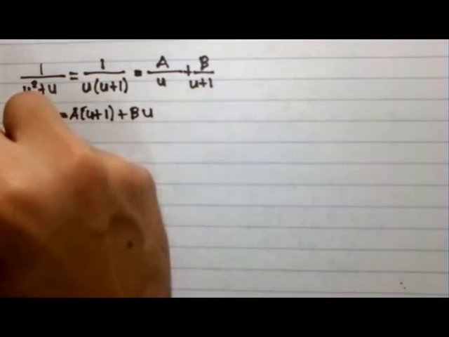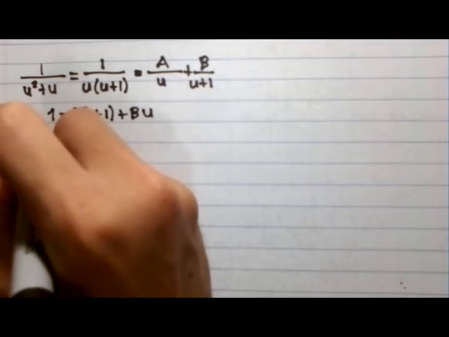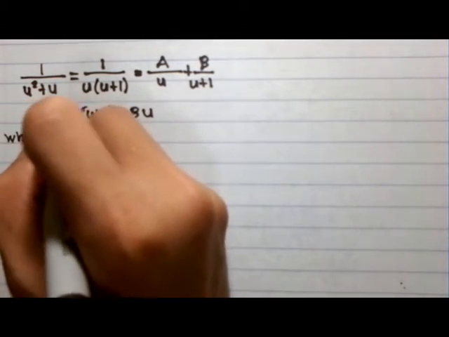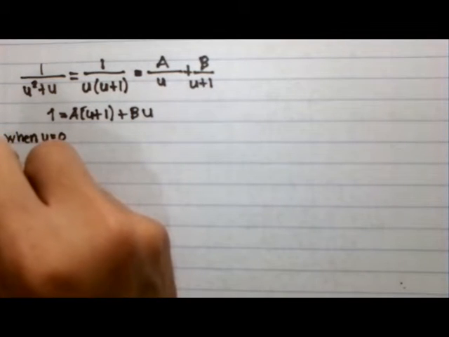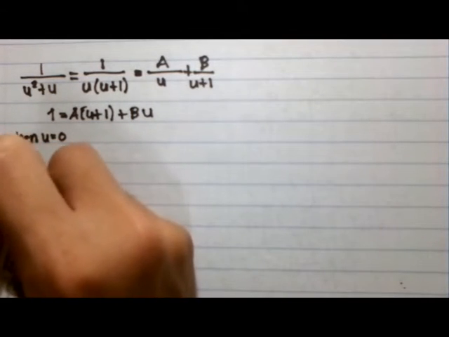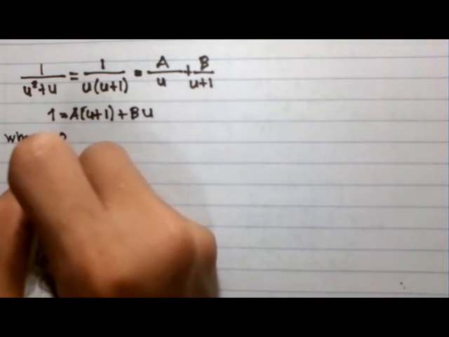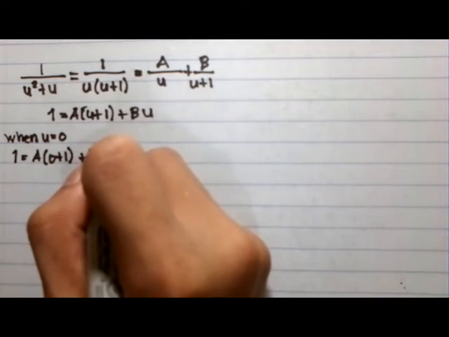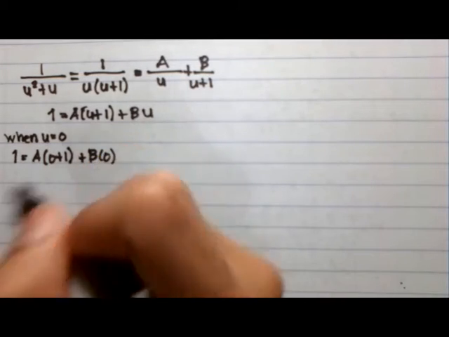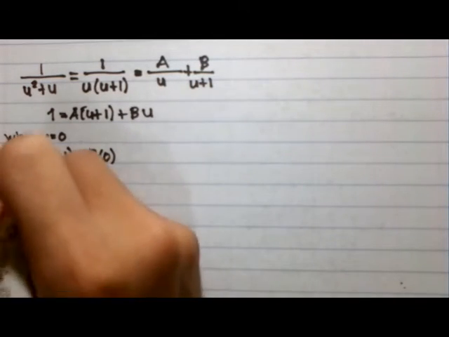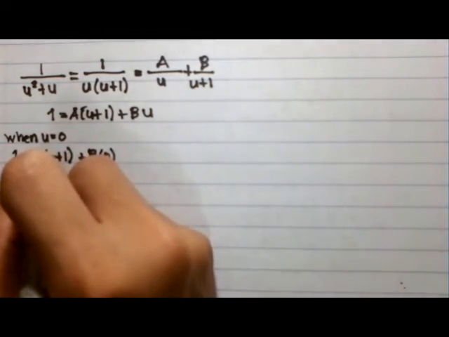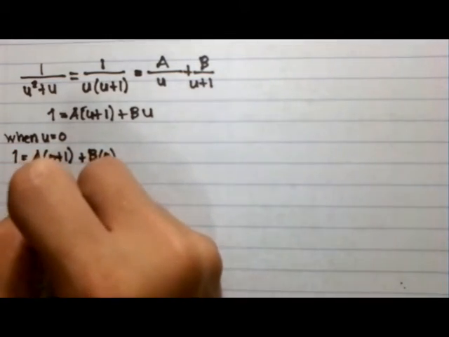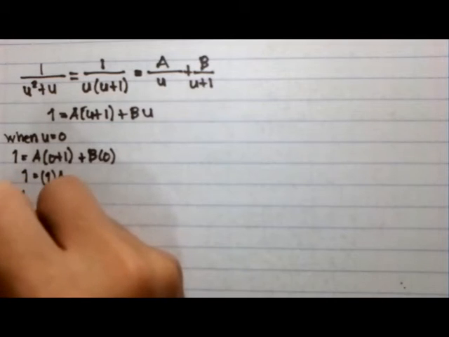So when u is equal to 0, 1 is equal to a times (0 plus 1) plus b times 0, which will result to 1 is equal to a times 1 and a is equal to 1.